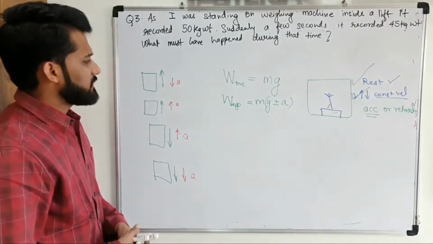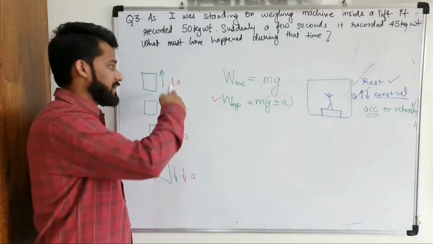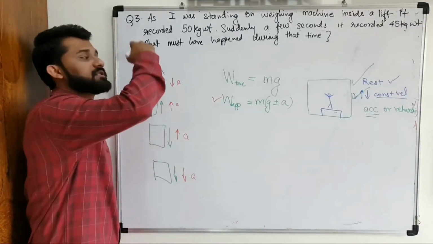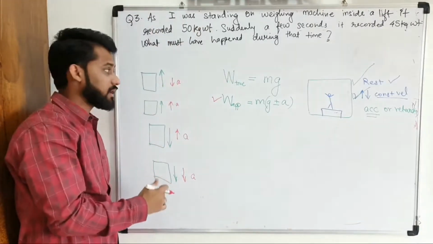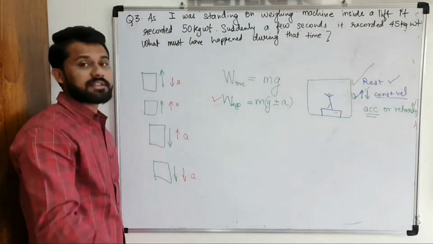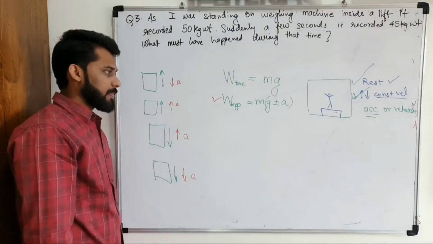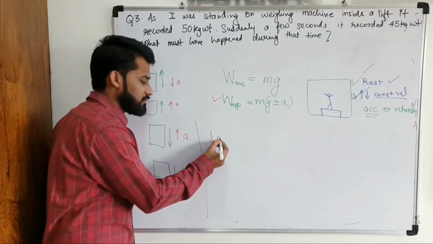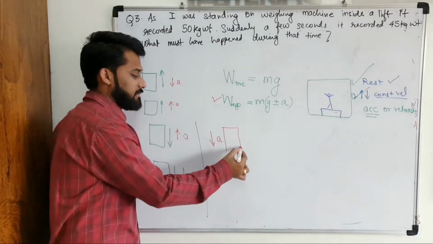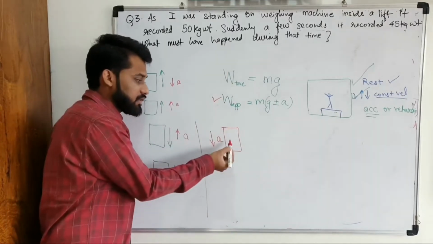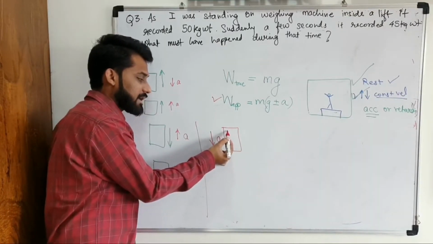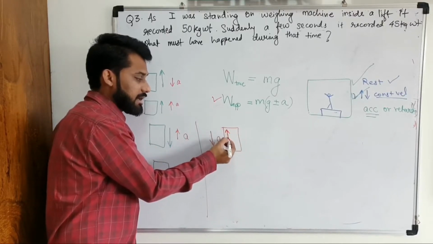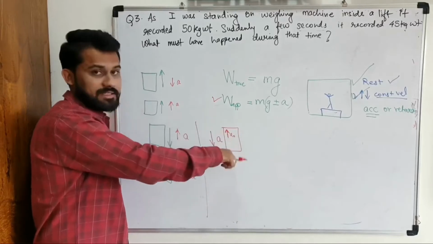So remember, this formula is only valid when accelerations are present. And in this formula, we are not interested in where the lift is moving, whether it is moving up or down. We are interested only in the direction of acceleration, right? So whenever acceleration in the lift is downward, the pseudo acceleration or the pseudo force acting on the objects inside will be in the upward direction, which will oppose the acceleration due to gravity.